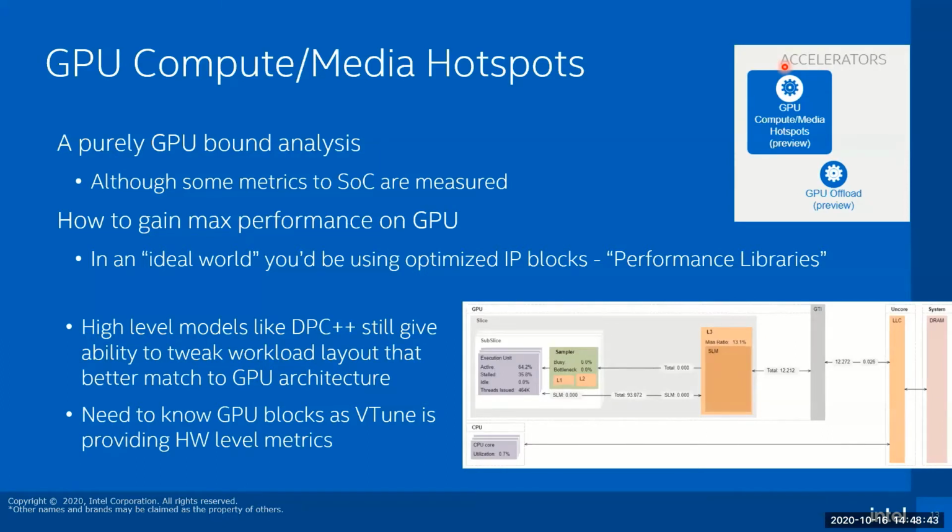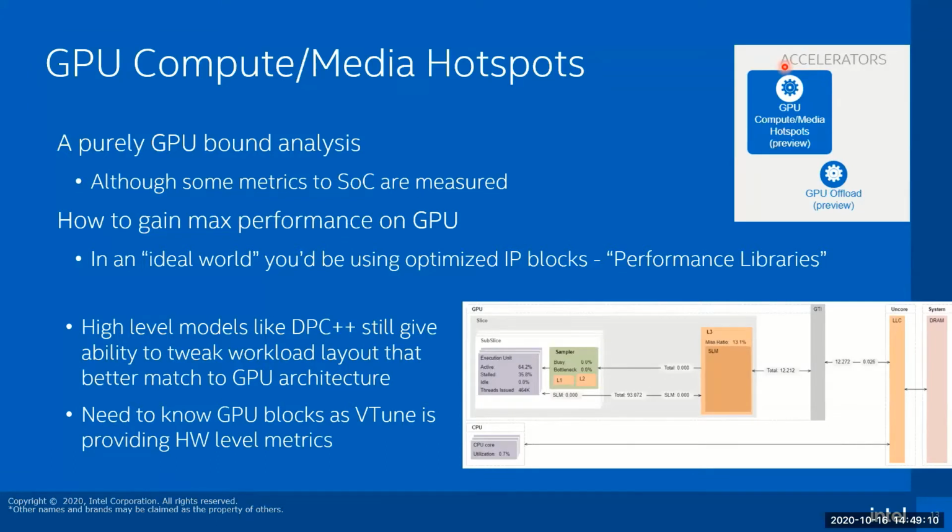Although there are some other metrics in the system on chip that can be measured, like bandwidth metrics, latency metrics, and so on, which relate overall to the system, to the SoC. So the idea is how to get the maximum performance out of the GPU.